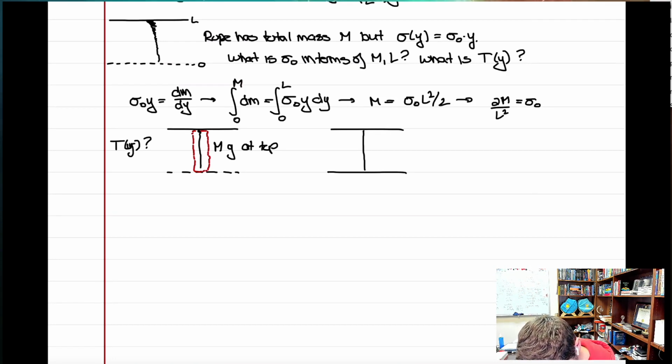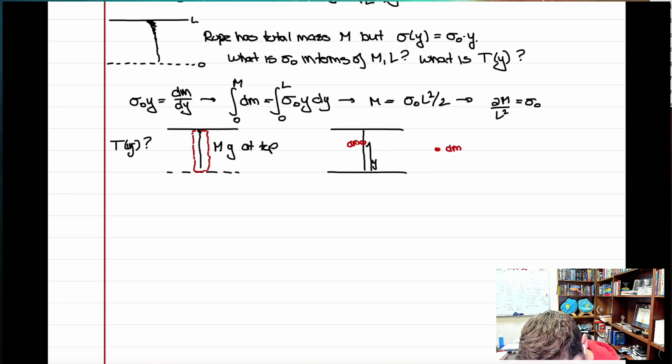So let me pick an arbitrary point on the rope, a tiny little piece of mass, and do a force analysis on that tiny piece, which I'll redraw here as this little dm. That's some height y off the ground.